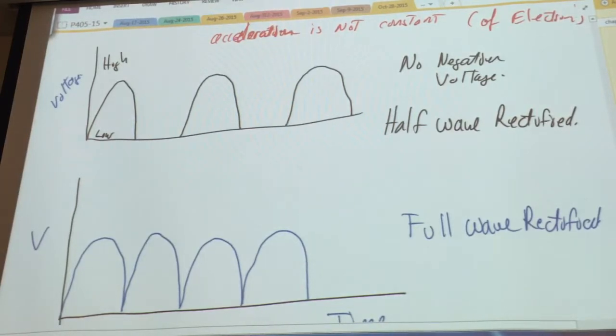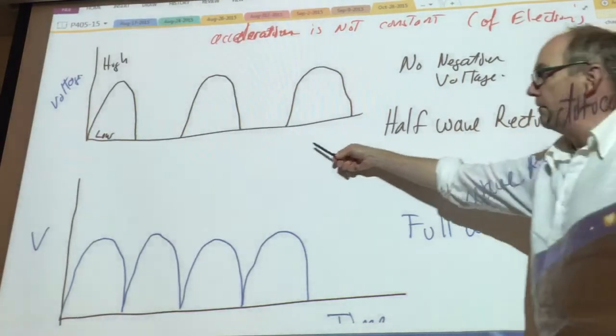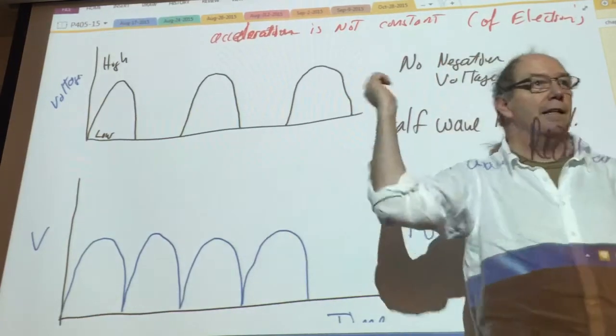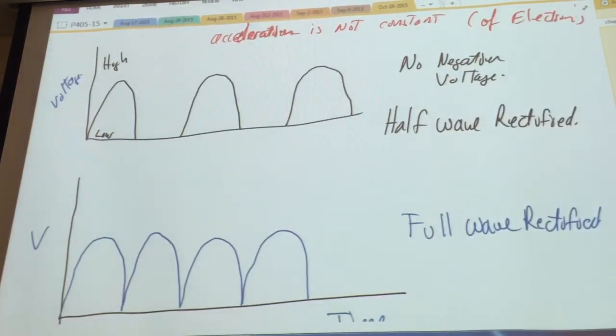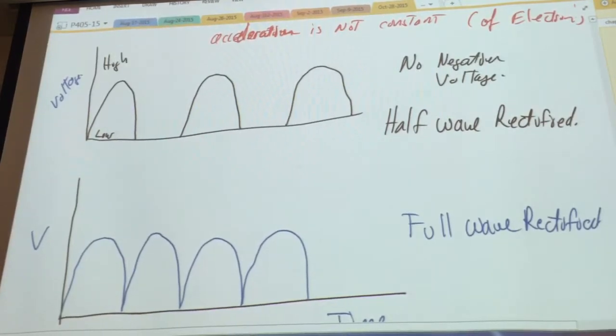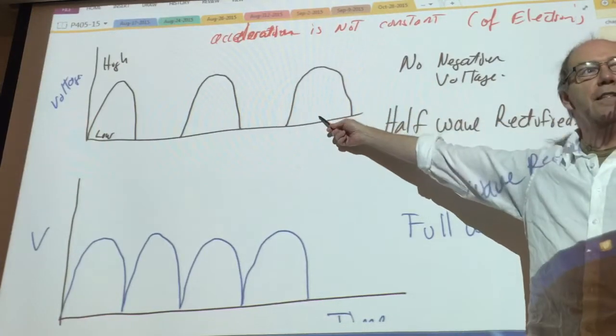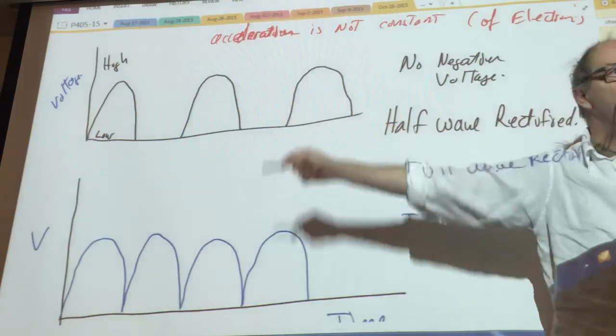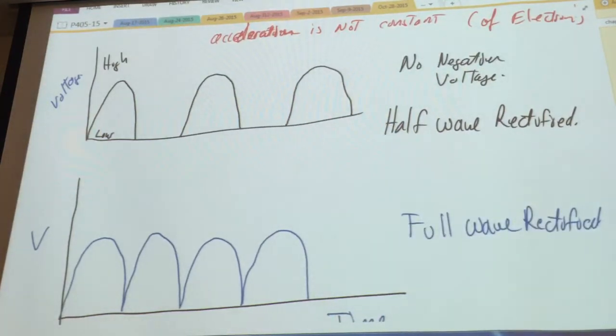There are momentary times when it's really big and we get our 110,000 volt electron, and then we have to wait. We have to wait for this time where we don't have any electrons whatsoever. And if we're waiting for each electron to get to the anode to make a photon to produce our image, what this does is extend the exposure time because you're getting fewer electrons on target per second.